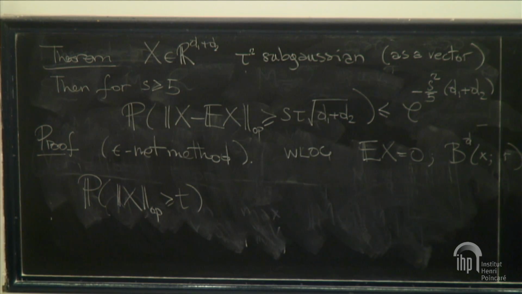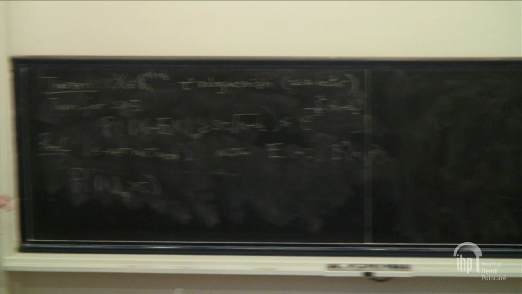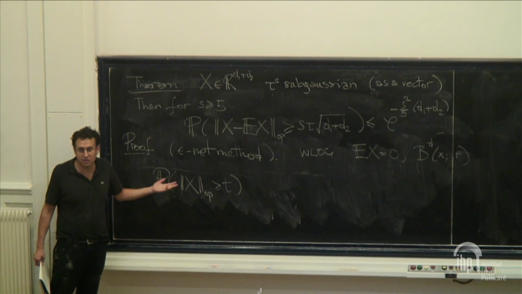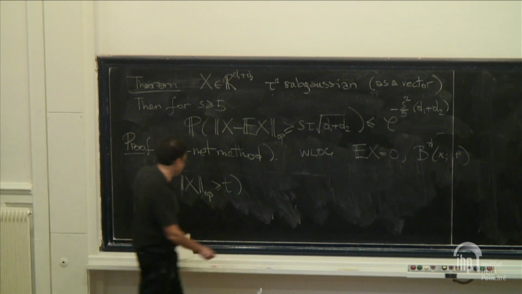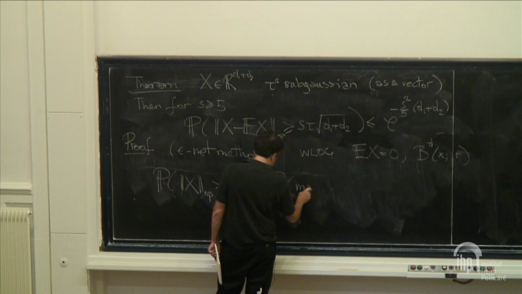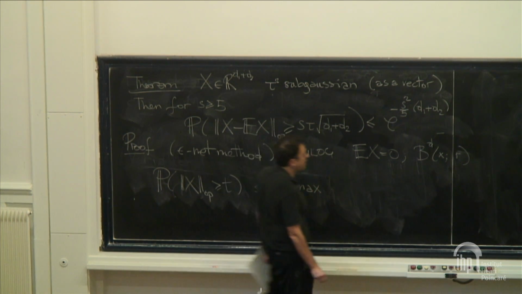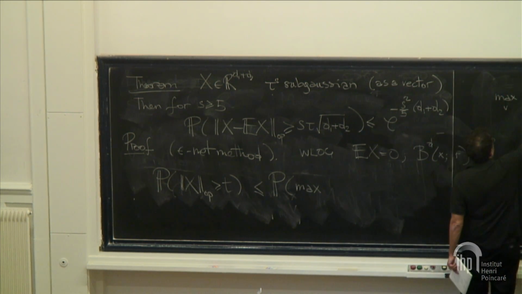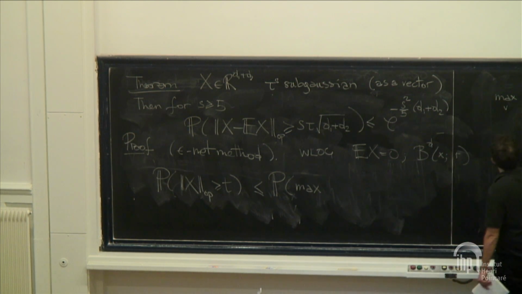So how do I do it? Well, I learned one thing today. I learned that this is the maximum singular value, and the maximum singular value has a variational representation, right? So let's write the variational representation. But remember that the norm is just the maximum of all the scalar products.